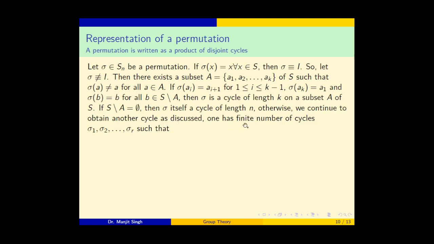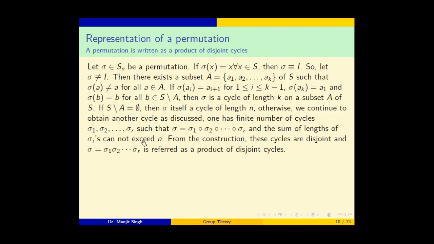One has a finite number of cycles because S has a finite number of elements, so we can find only a finite number of such subsets, and each subset will correspond to a cycle. So there are a finite number of cycles such that sigma is a composition of these cycles, and obviously the sum of lengths of all sigma i's cannot exceed n.